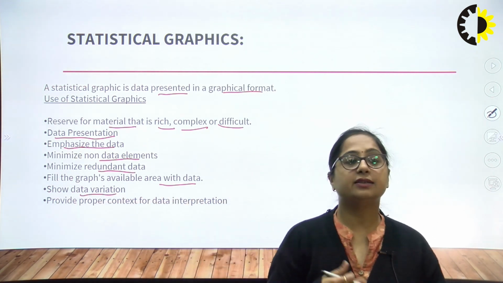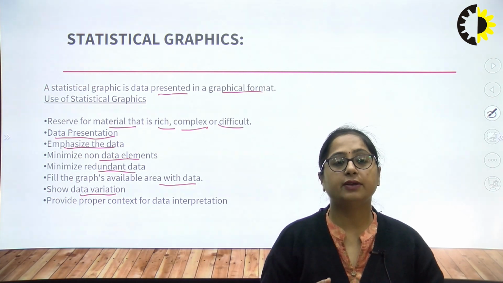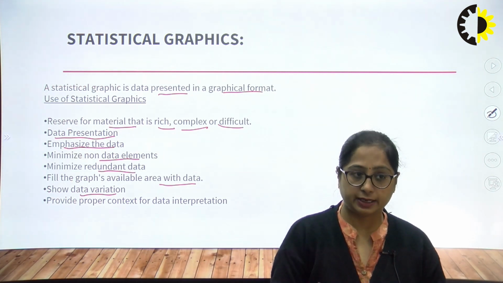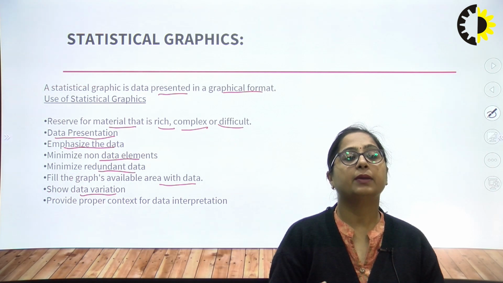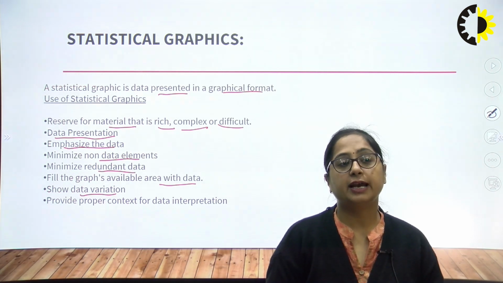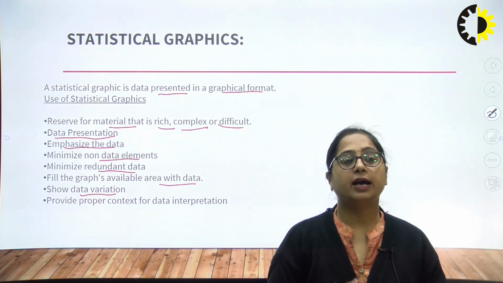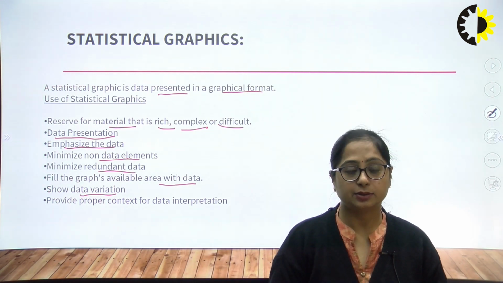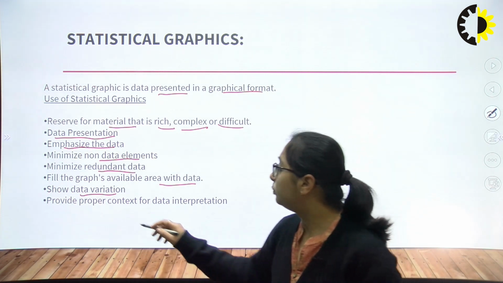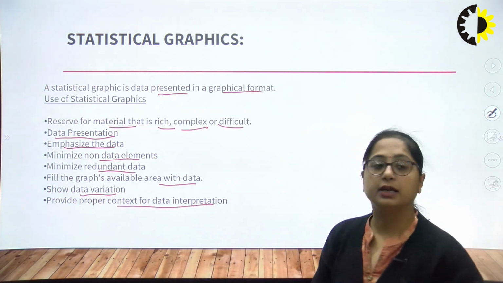Statistical graphics are used to show data variation, how our data varies. Based on that variation we analyze the data, and based on that analysis we make the business plan. Next, provide proper context for data interpretation.